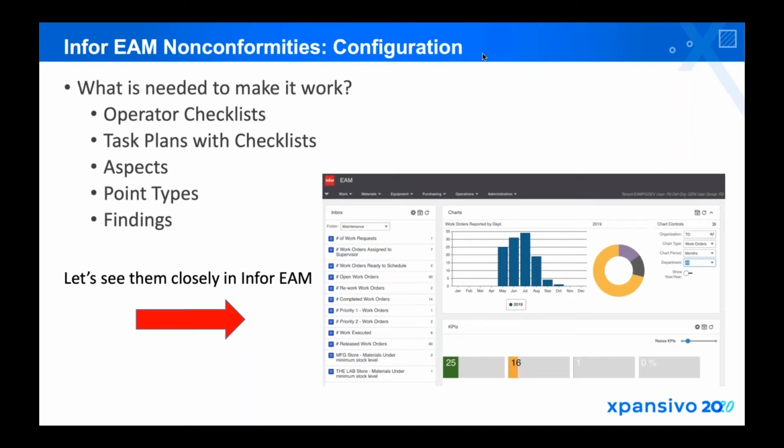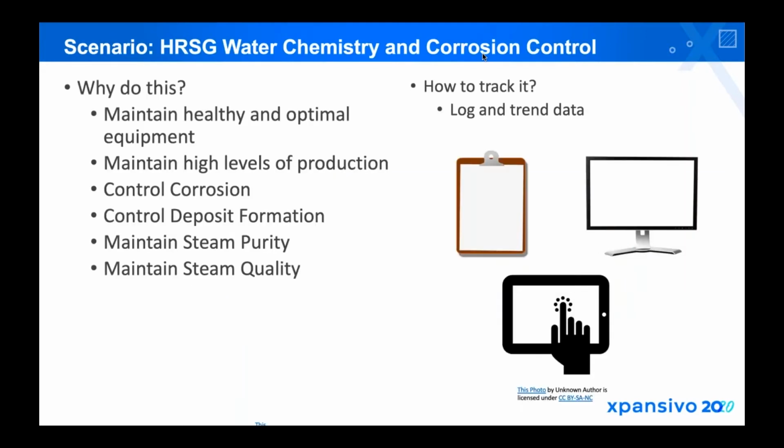So instead of going directly into Infor EAM, let's go a little bit further and talk about a scenario. So we have a Hertz water chemistry and corrosion control scenario. Why would we do this? We want to have optimal equipment, a healthy one, because with that we want to maintain high levels of production.